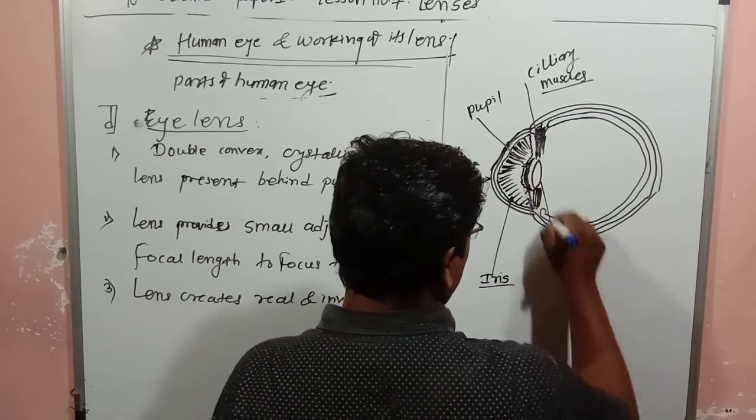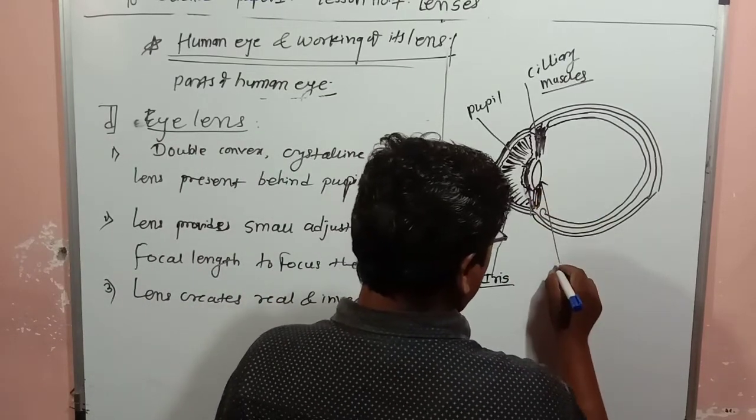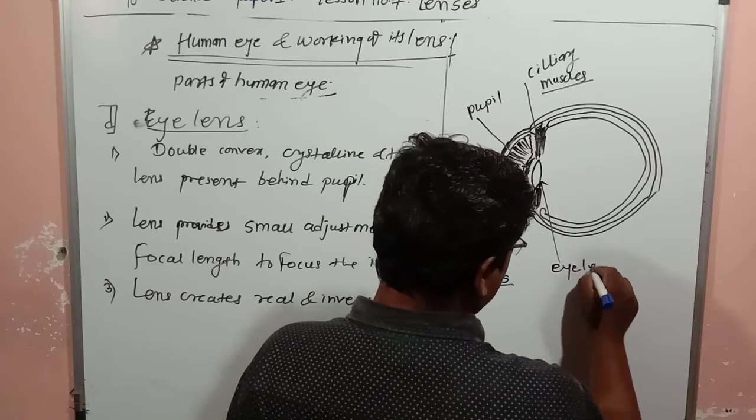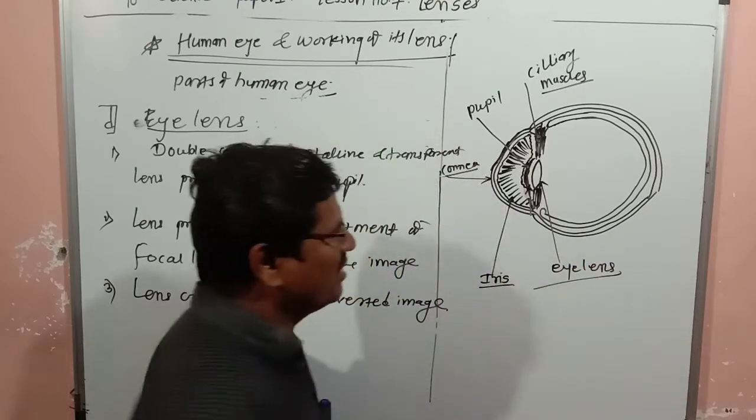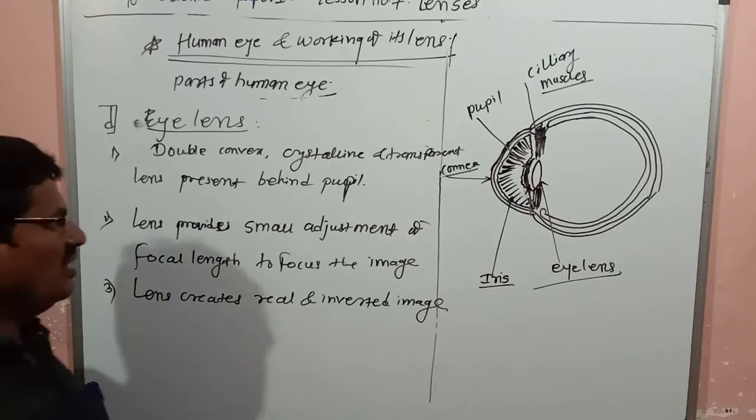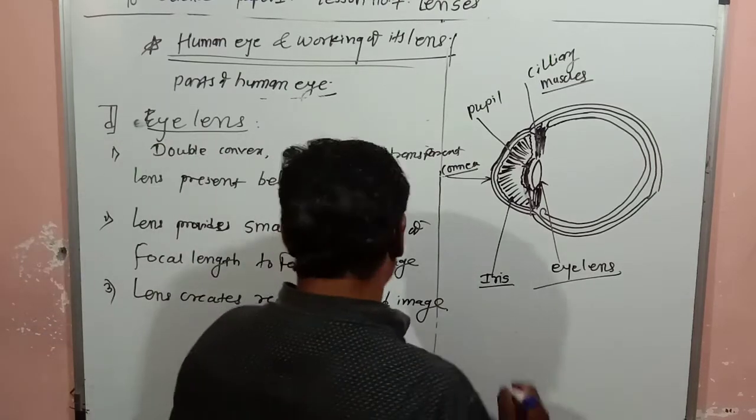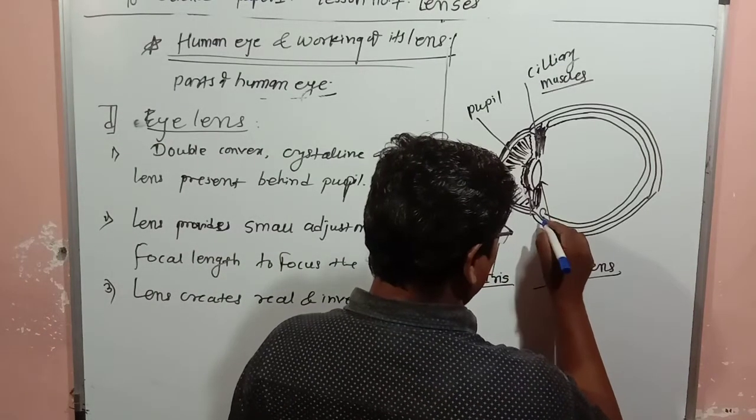And this one is the eye lens. Now we'll make this one a little bit.